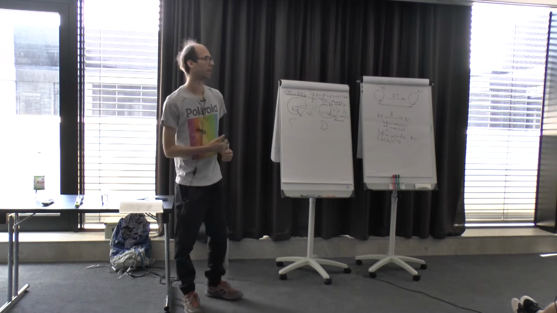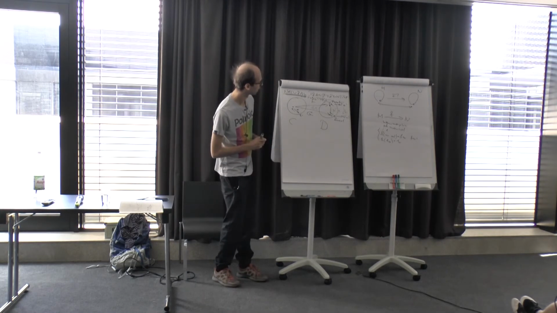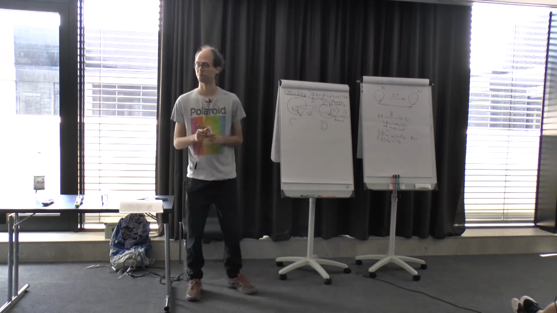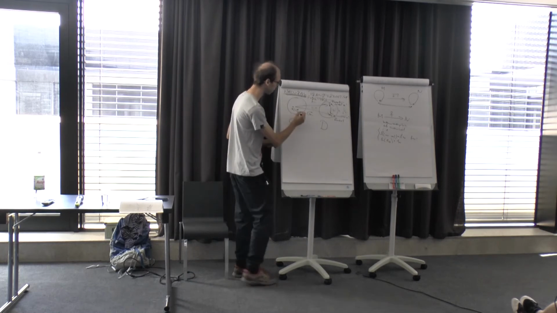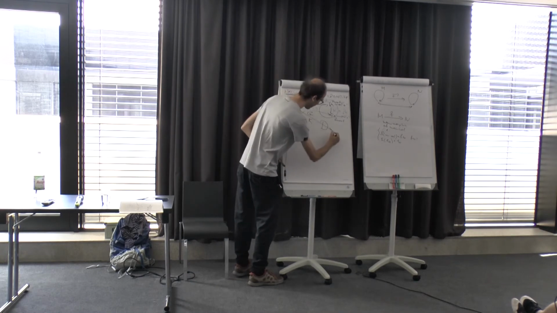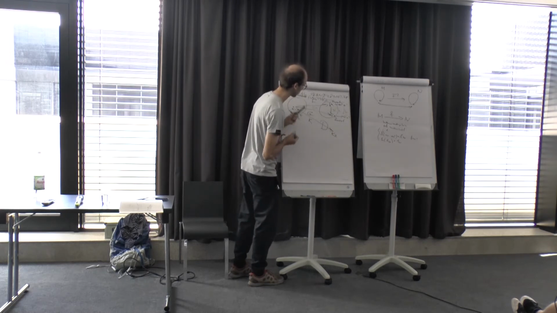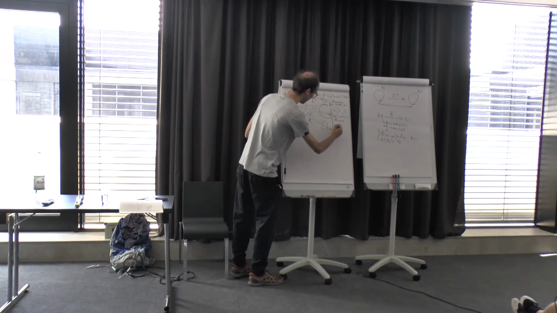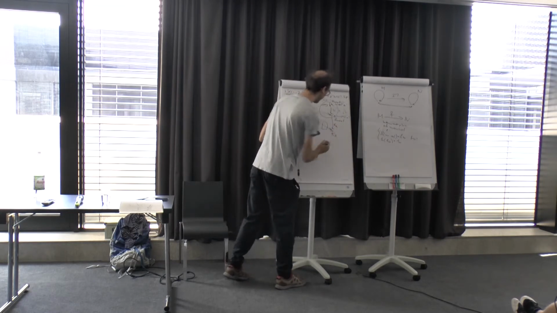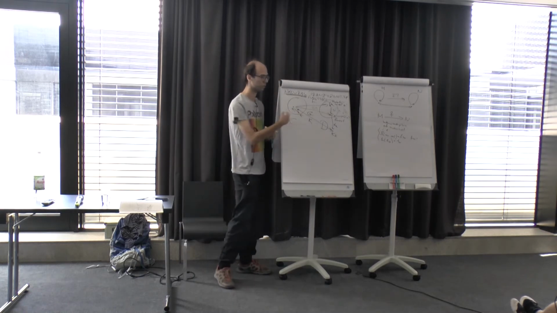Now we have to find a good candidate for composition. So if we have another functor K and another transformation epsilon of A, how can we define a composition?